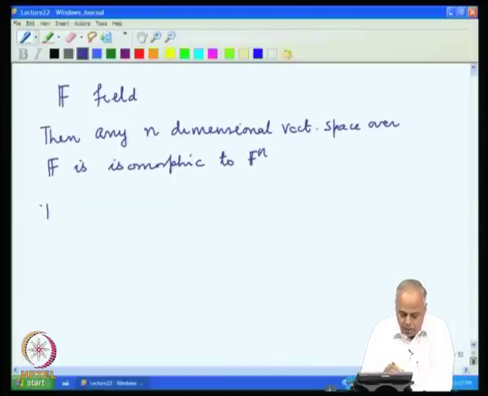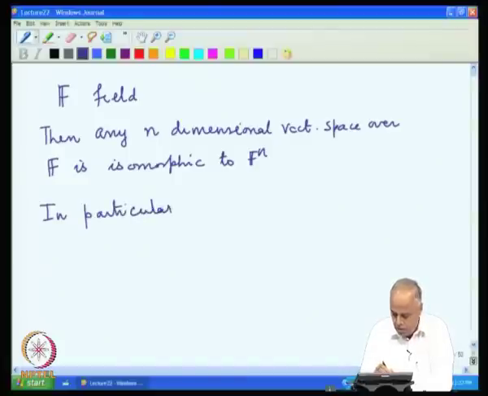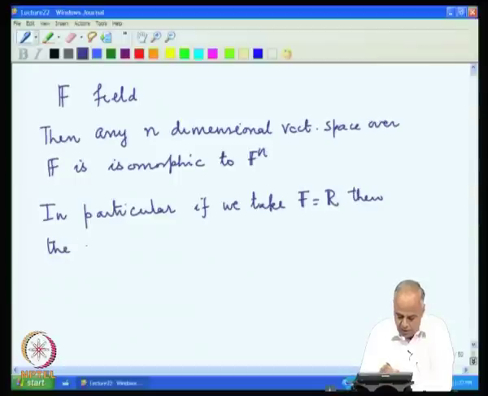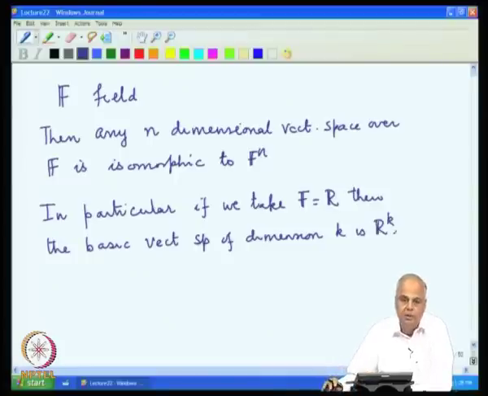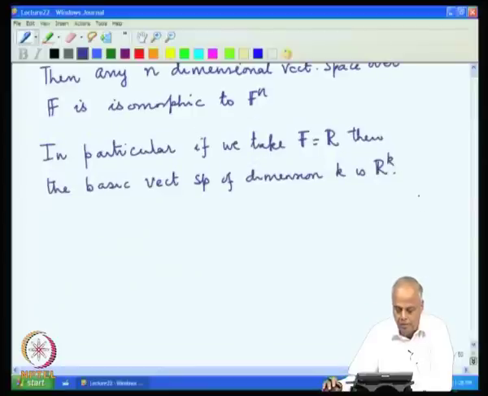Now, in particular, if we take F to be the field of real numbers, then the basic vector space of dimension k is R^k, and it is because of this reason that we study R^k in great detail.